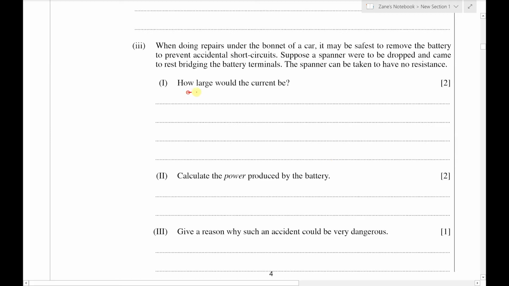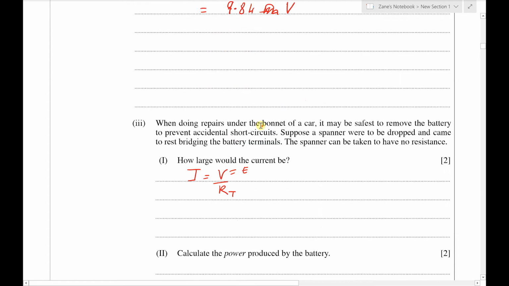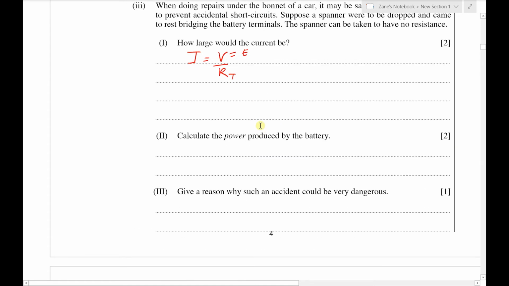Well, here we can just rearrange the standard V equals IR formula to give current is V over R, where R here is going to represent the total resistance and V is going to be the EMF of the cell. It's essentially a rearrangement of this one, E equals I times (R plus r), which is that the EMF for the cell is the current times the total resistance.